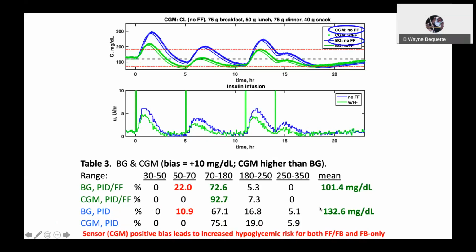And then if we have just the PID feedback only without feed forward, again, it's not quite as bad, but because of that sensor bias, we're spending 10.9% of the time in the undesirable hypoglycemic range.